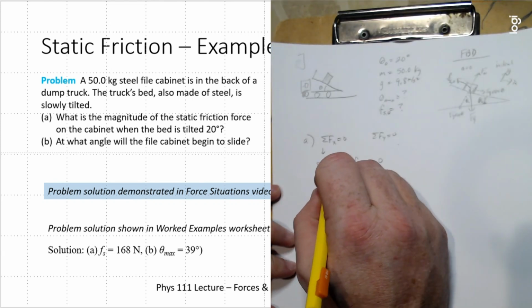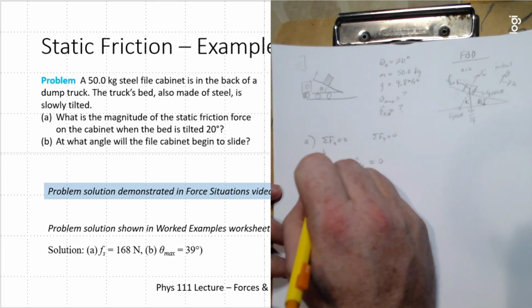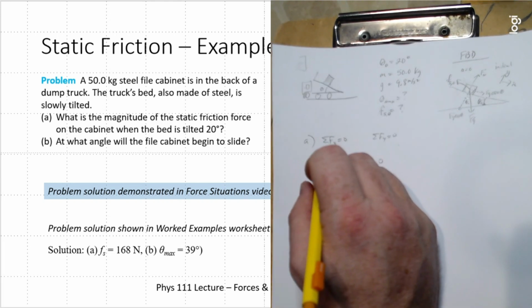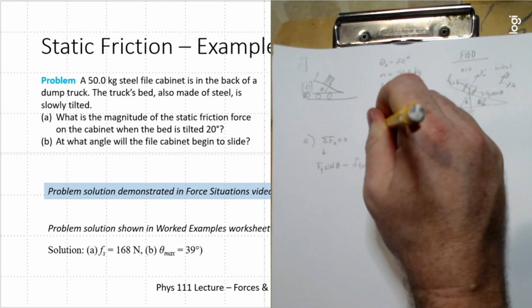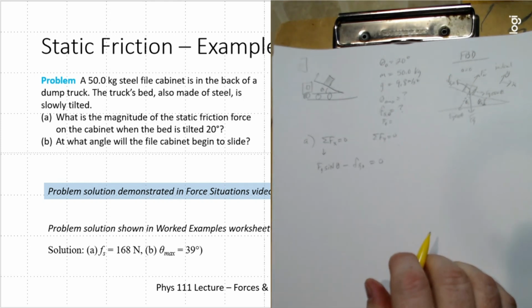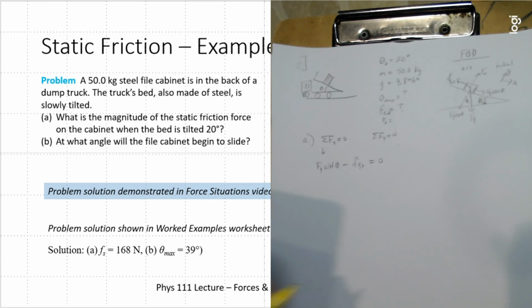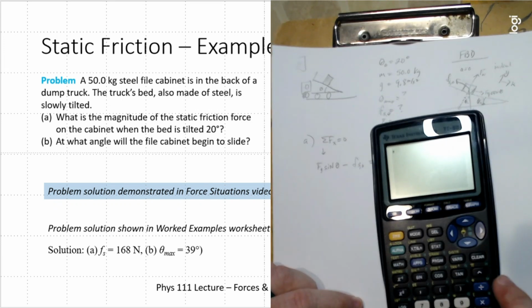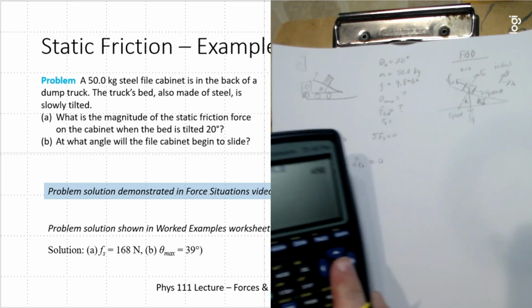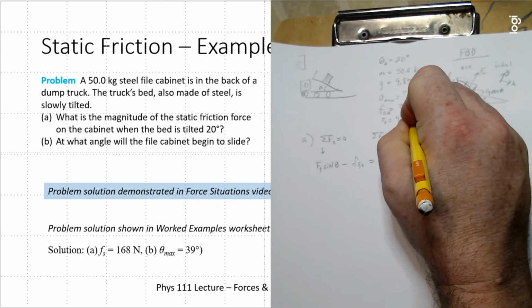When we punch this in, Fg is 50 times 9.8, which is 490 newtons.